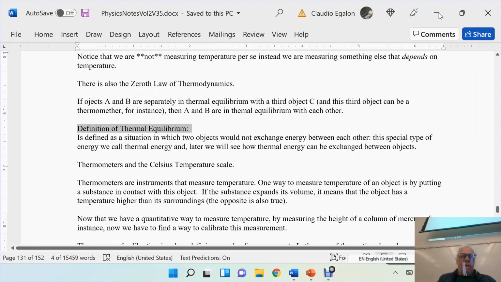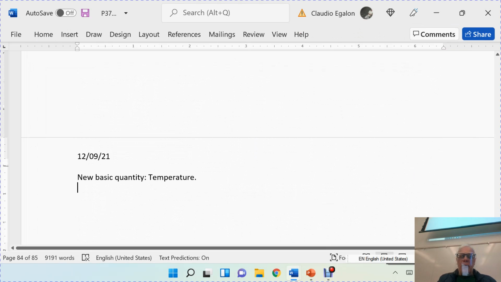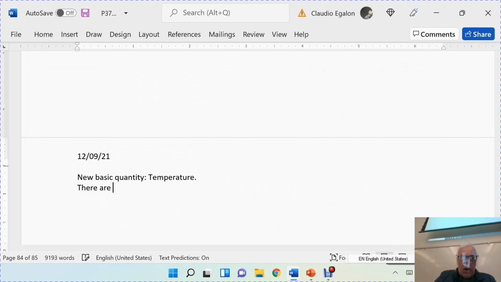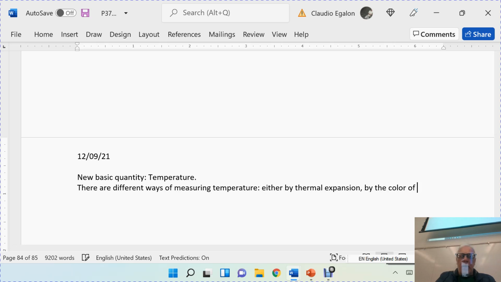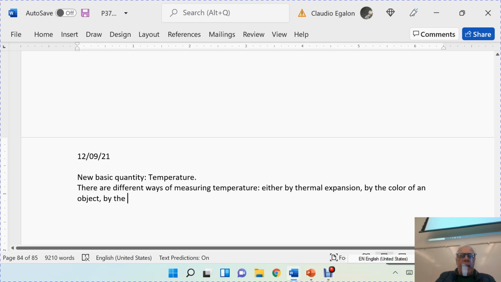There are different ways of measuring temperature. Either by thermal expansion, by the color of an object, or by its electrical properties.